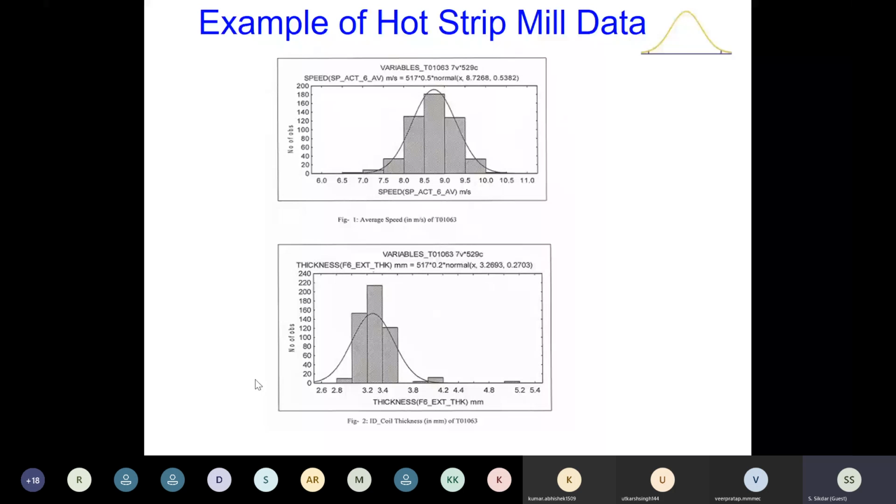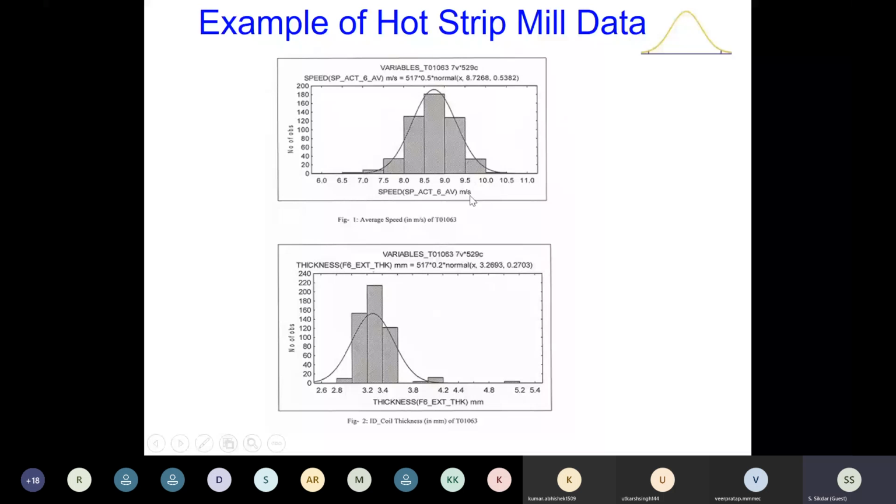Now, you may recall that at the very beginning, in lecture 1, I showed the example of the hot strip mill. There also we plotted the value of the speed and the number of observations. There we can see that in between 8.5 to 9 a large cluster of data is available, whereas at the lower end, 6.5, and around 10, there is less data.